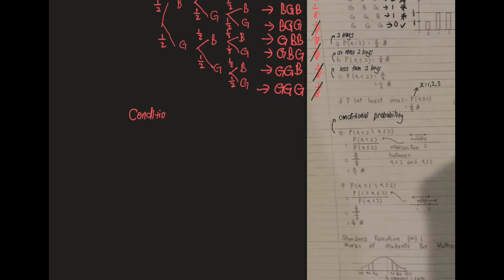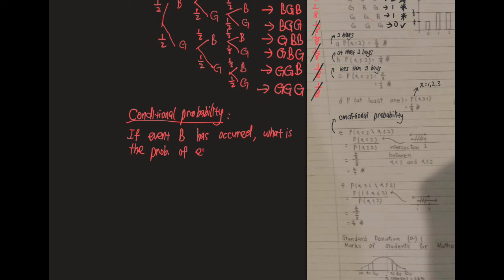Basically, it sounds like this: if event B has occurred, what is the probability of event A to occur?